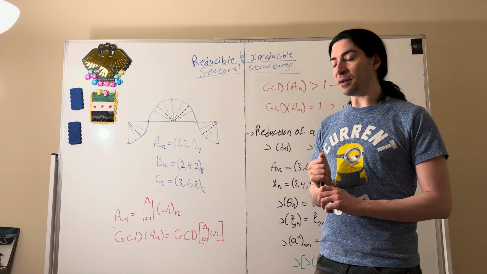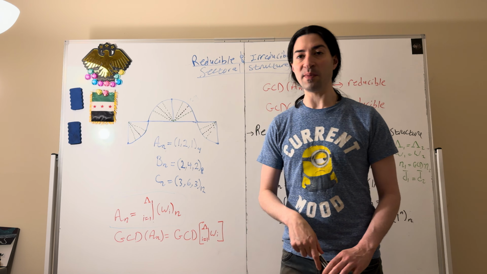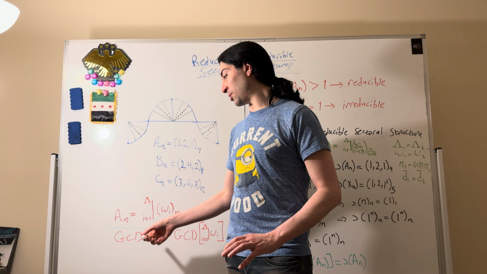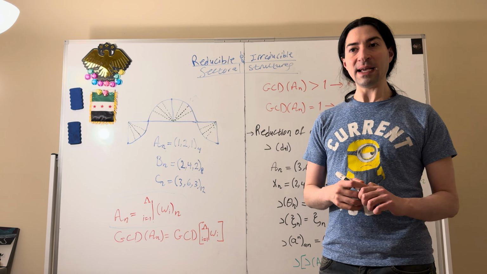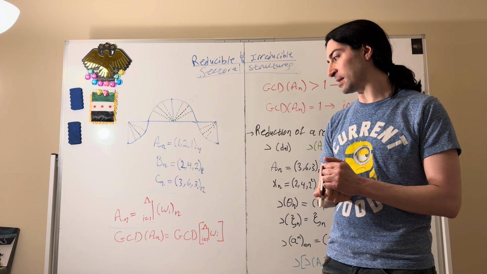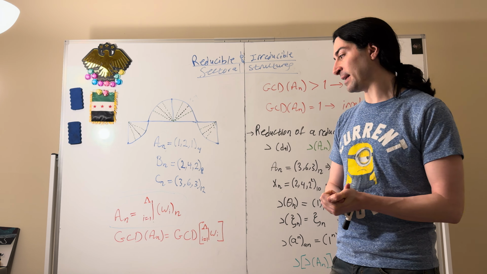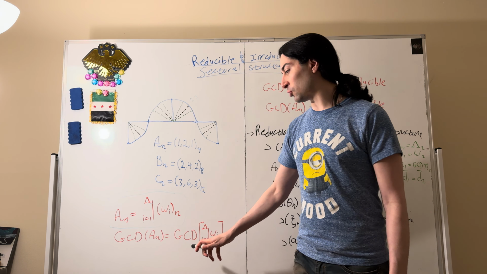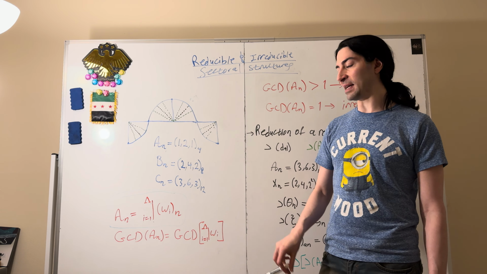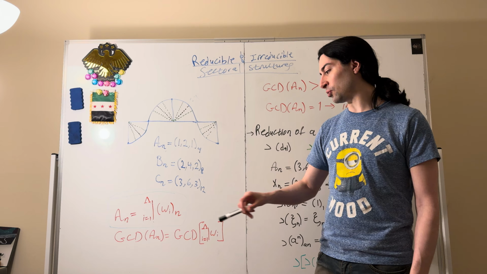Now let's define another property of a sectoral structure. We will call it its greatest common divisor. Remember a sectoral structure is a geometric object, so this is not directly intuitive. However, we're going to simplify it by saying it is equal to the greatest common divisor of all the parts of the sectoral structure, so W_i from i equals 1 to lambda.